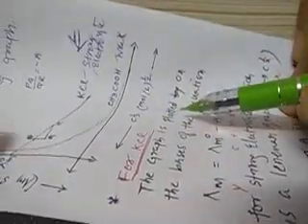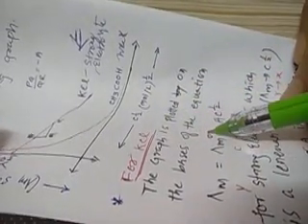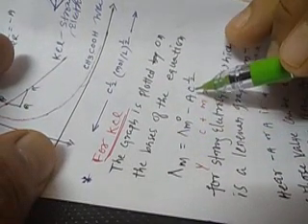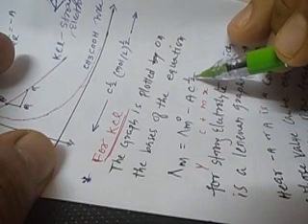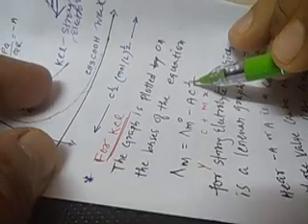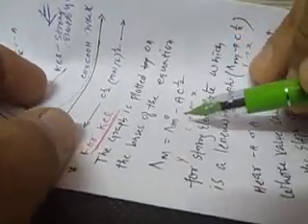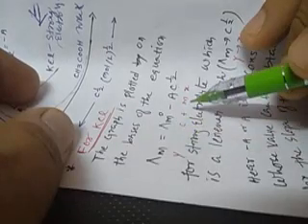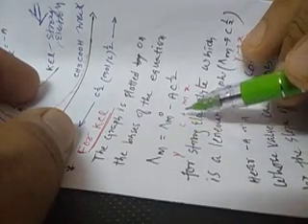The graph is plotted on the basis of the equation lambda m is equal to lambda m0 minus A c to the power 1 by 2. C to the power 1 by 2 is nothing but your square root of c. Then we compare this equation with y is equal to mx plus c.